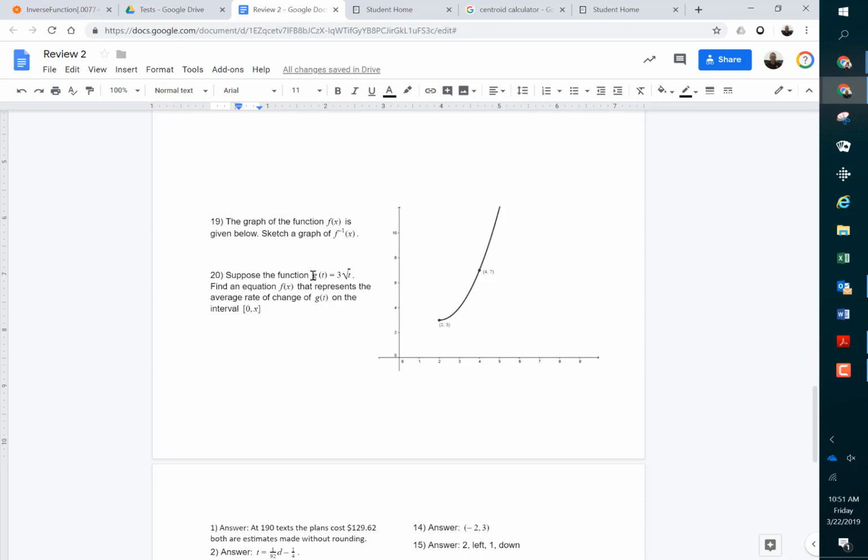Okay, suppose the function g of t equals 3 square root t. Find an equation f of x that represents the average rate of change on the interval from 0 to x.